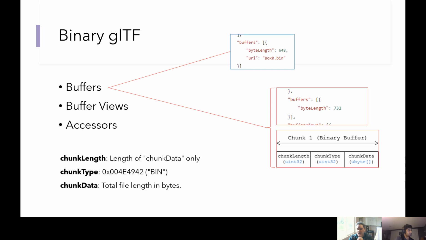When we're looking at the second set of data, we have a length, which is the length of the chunk data. So it's not the length of the whole file or of the header, but the length of the chunk data, the binary buffer. And then what is the chunk type?